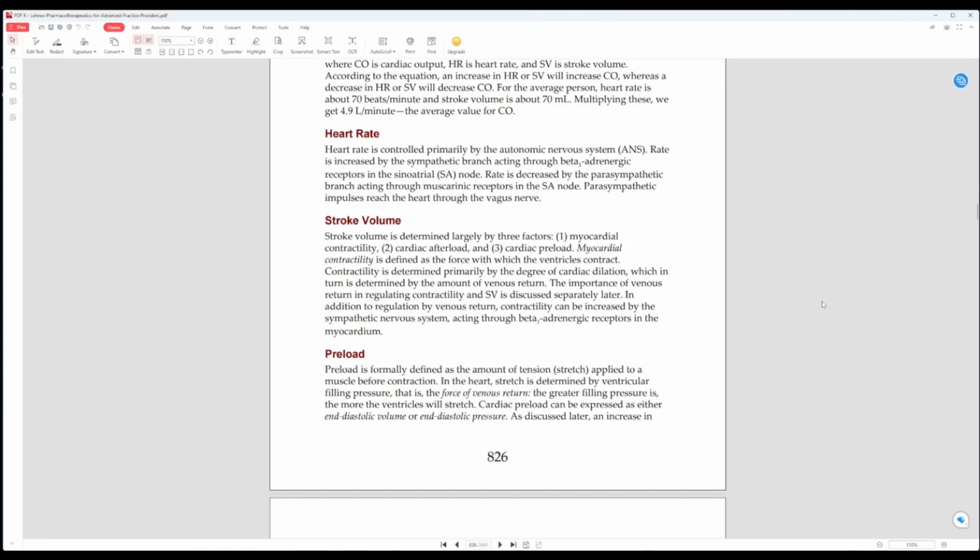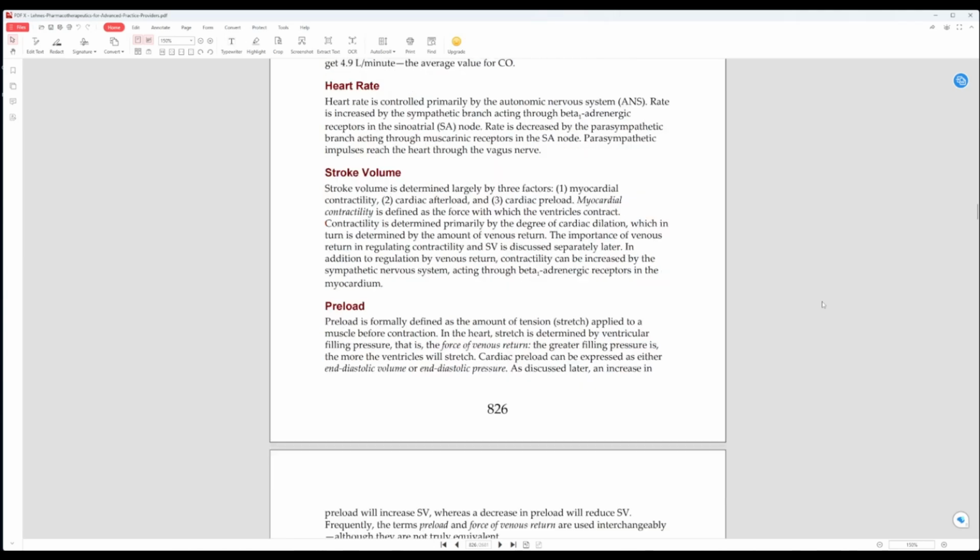The importance of venous return in regulating contractility and stroke volume is discussed separately later. In addition to regulation by venous return, contractility can be increased by the sympathetic nervous system, acting through beta-1 adrenergic receptors in the myocardium.